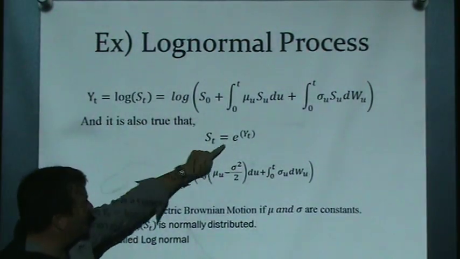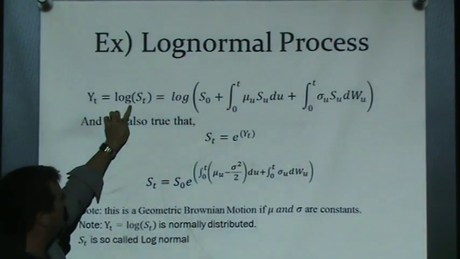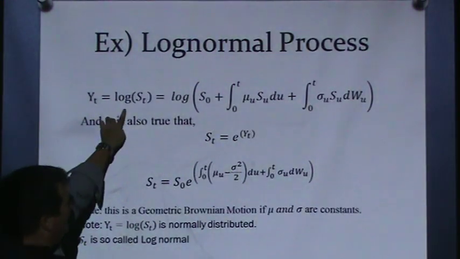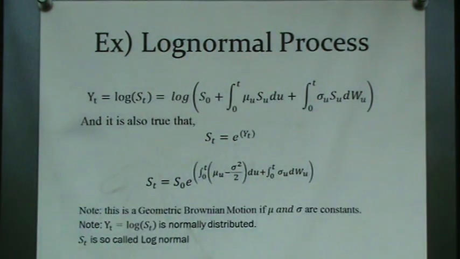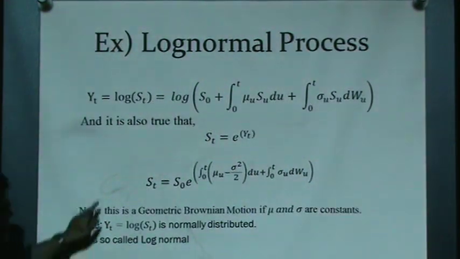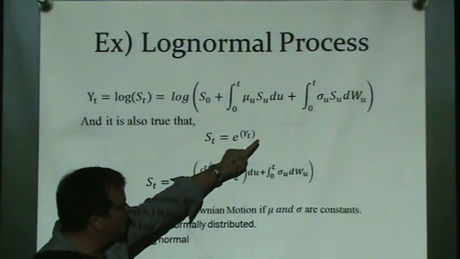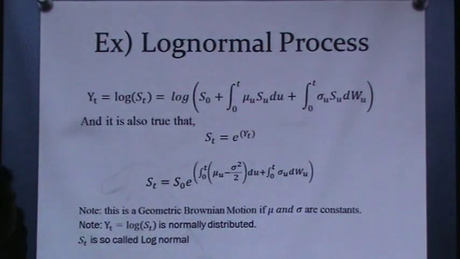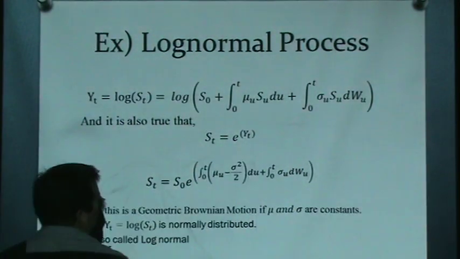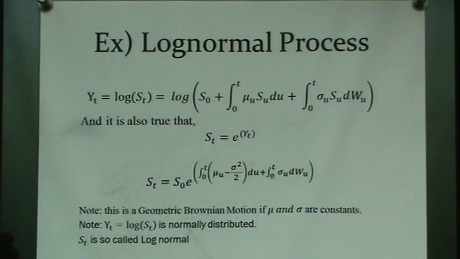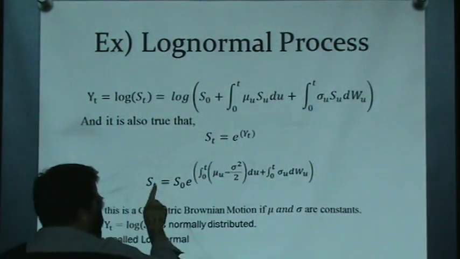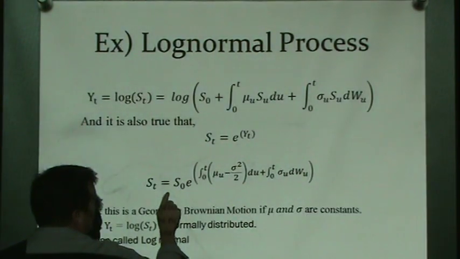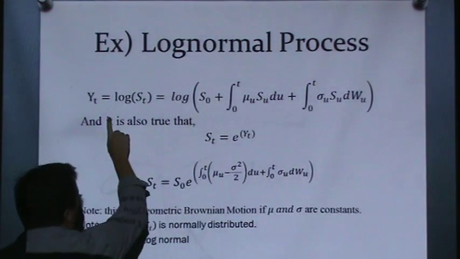This would be natural log actually. The natural log and then e to something is the inverse operation of each other. Just like multiply and divide are inverses and plus and minus are inverses, log and e raised to the are inverses of each other. So if this statement is true, then this statement is true. So now we could take this statement and say the stock price equals e to whatever y is.